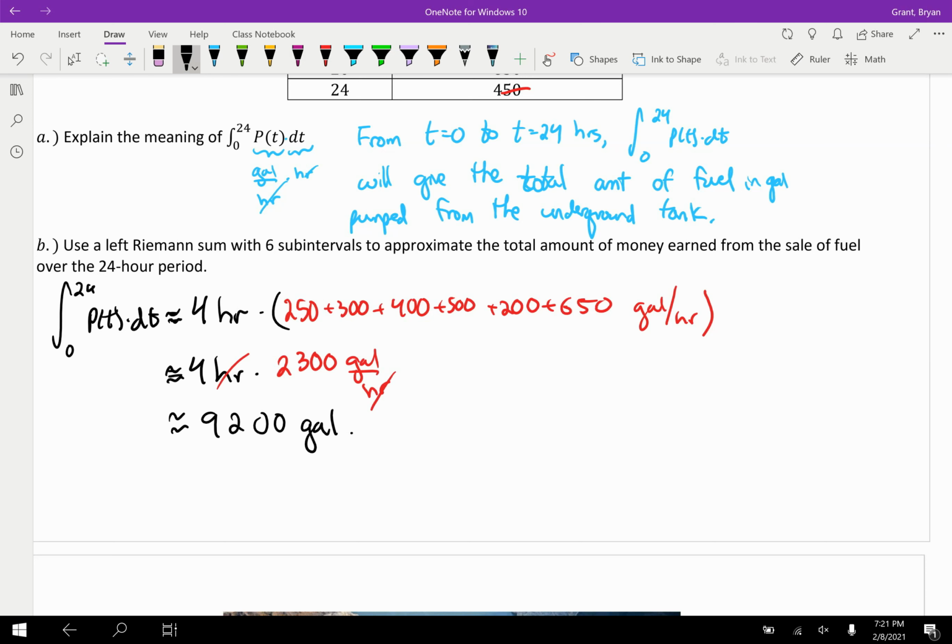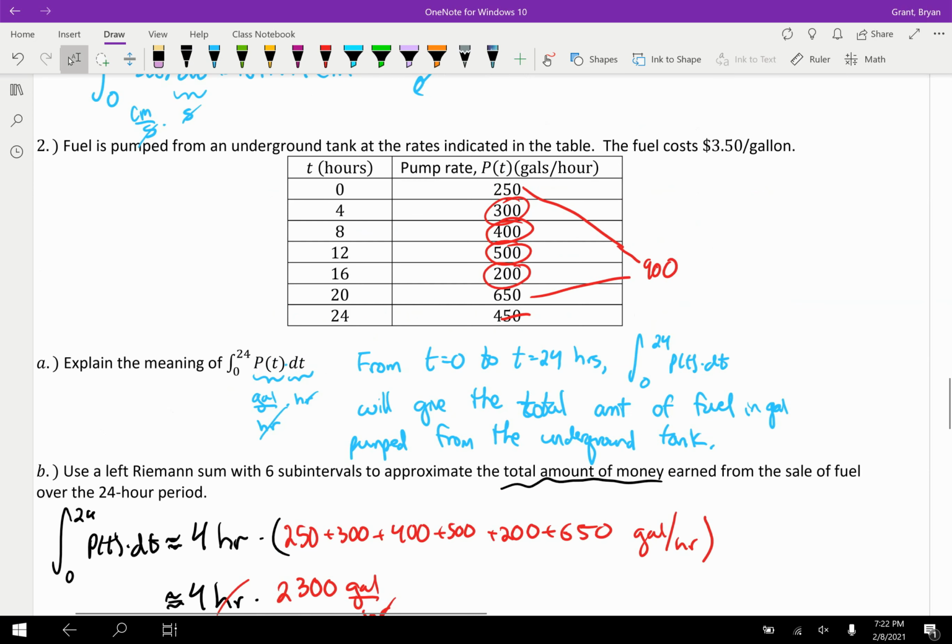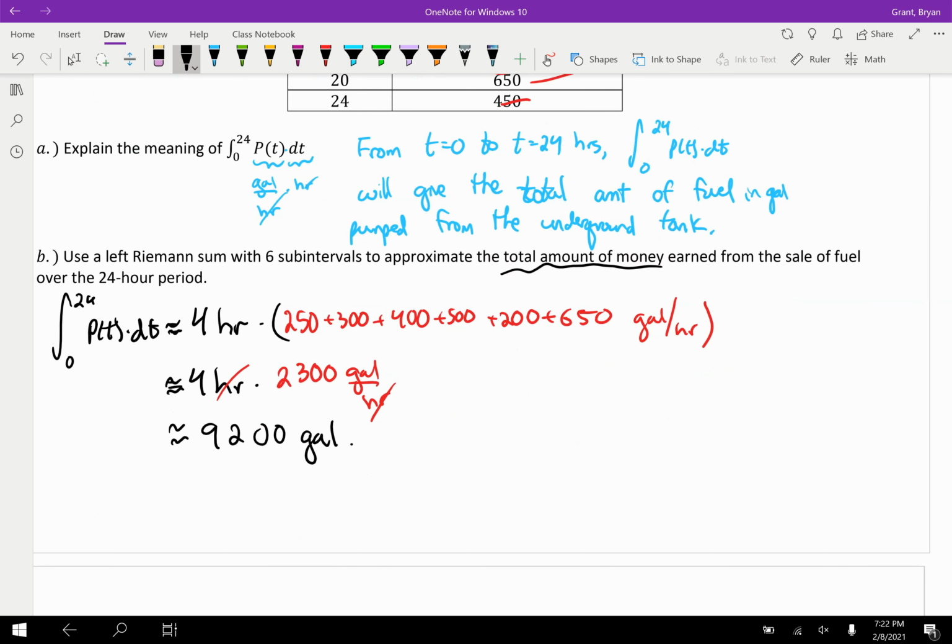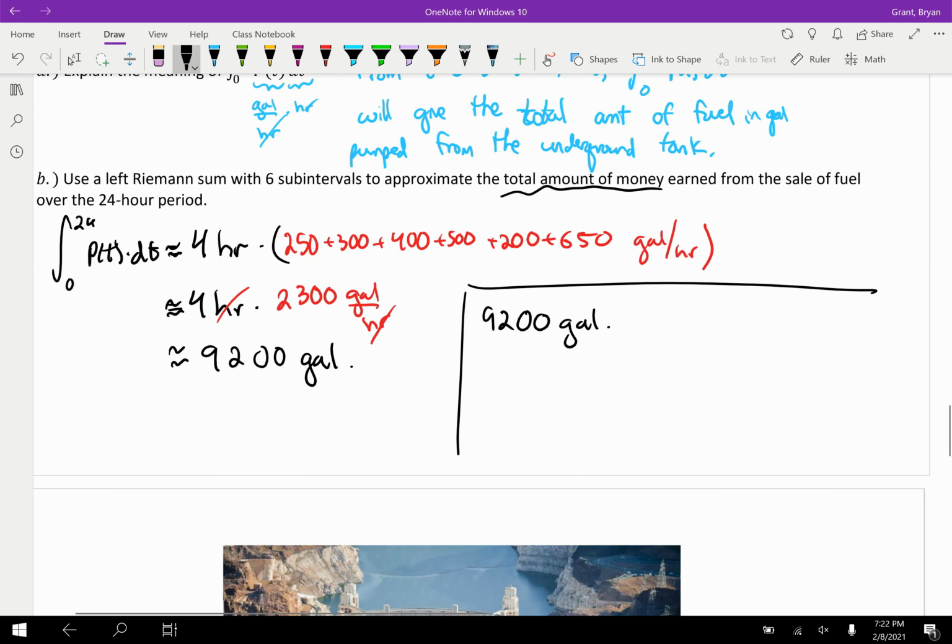So are we done? Oh, wait. They asked us to approximate the total amount of money earned. We just found the total number of gallons. How do we continue that out? Oh, the fuel costs $3.50 per gallon. Silly us. So to find the amount of money earned then, I think we have to take 9,200 gallons times, and this is more units, isn't it? $3.50 per gallon.